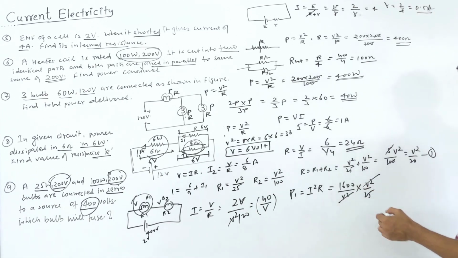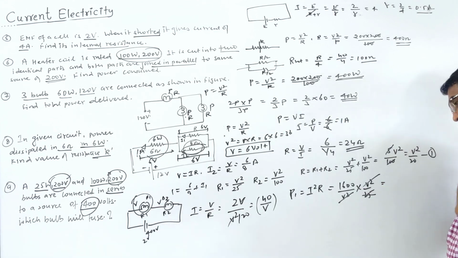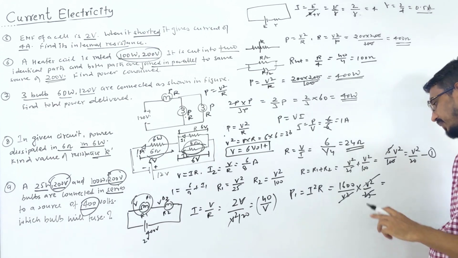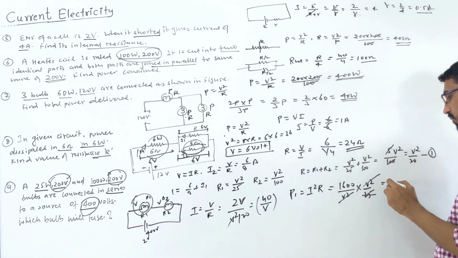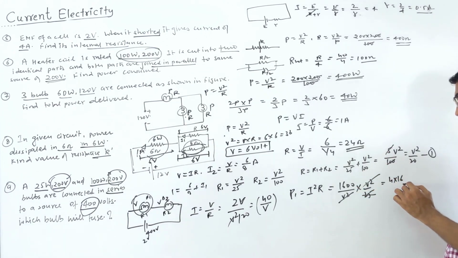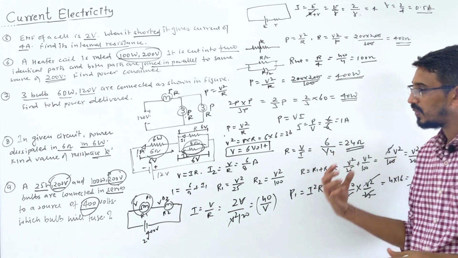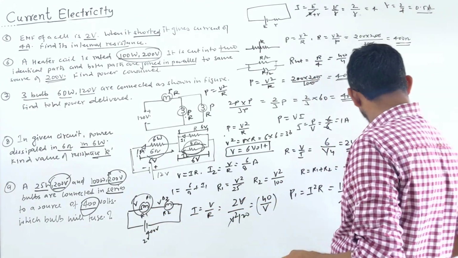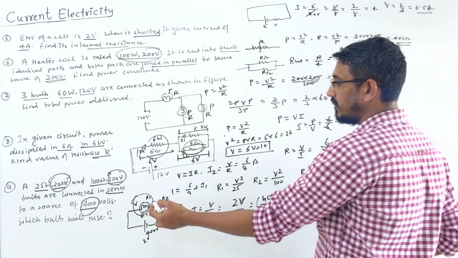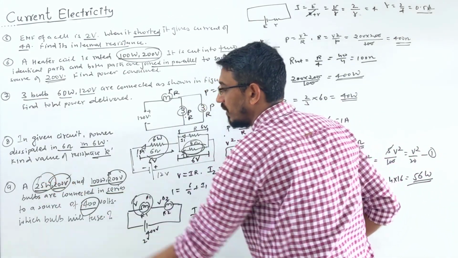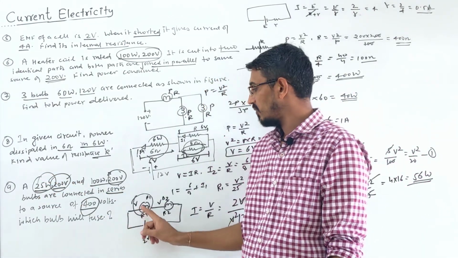Okay, 25, how many times does it go into 1600? 25 goes into 100 four times, so 4 into 16 is 64. This much watt is coming. The input power coming to this bulb is 64 watt. But the rating of this bulb is just 25 watt. It can bear only 25 watt. Means this bulb will fuse.